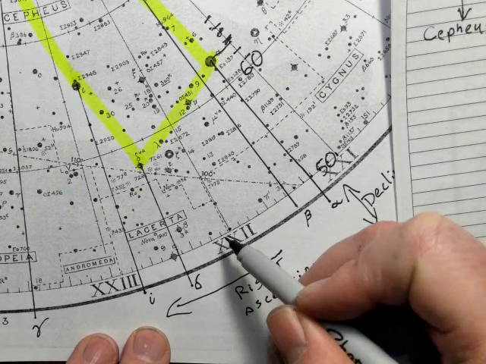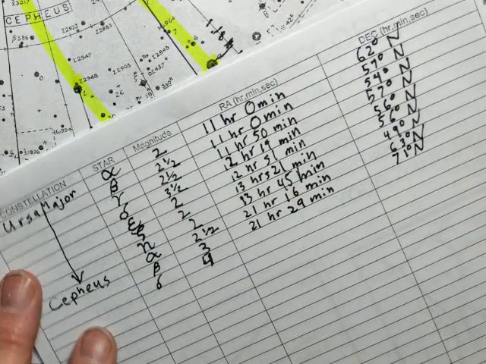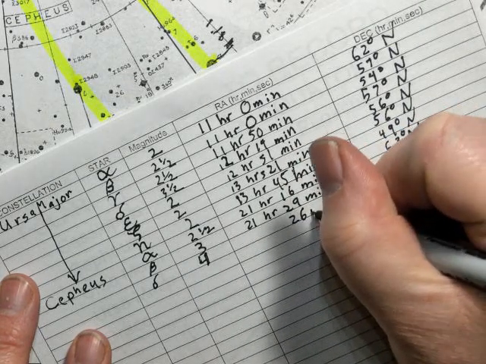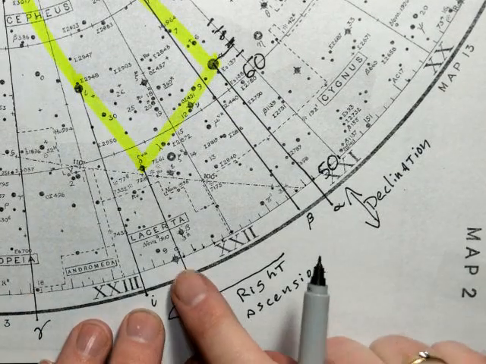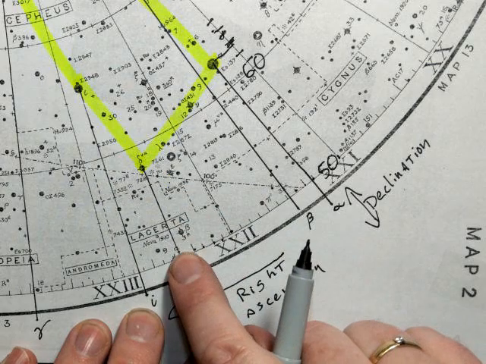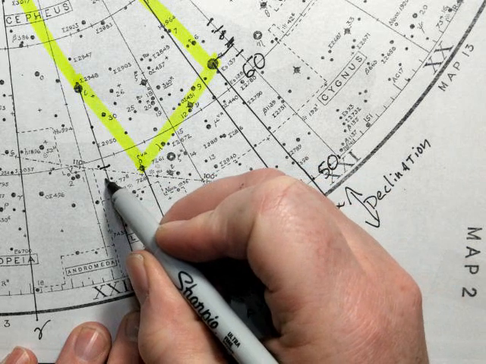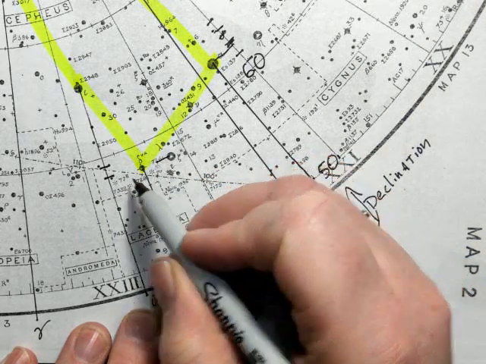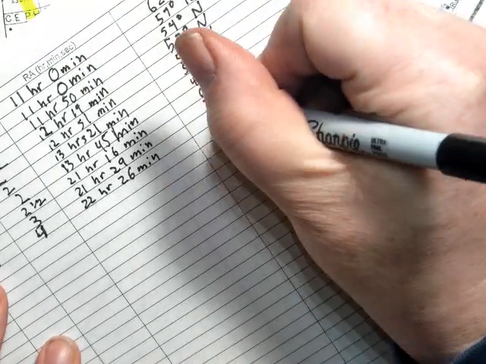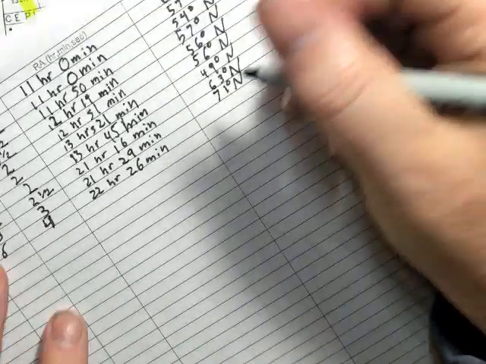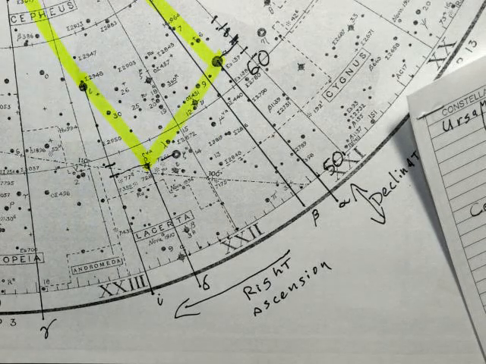So that's 22 hours and 5, 10, 15, 20, 25, call that 26 minutes, 22 hours. For its declination, remember that this is 50, this is 60, so we estimate this is probably about 59, 58, and I'm thinking it's pretty close to 58. So, is that right? Yes. 58 degrees north.